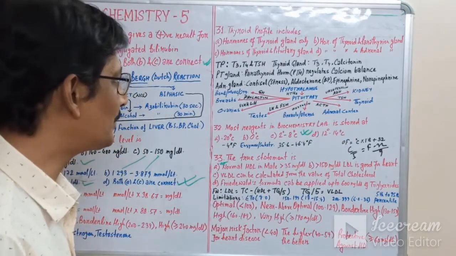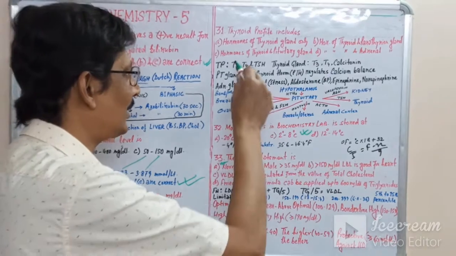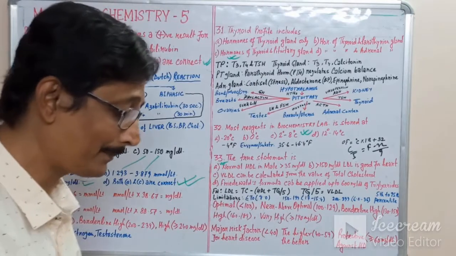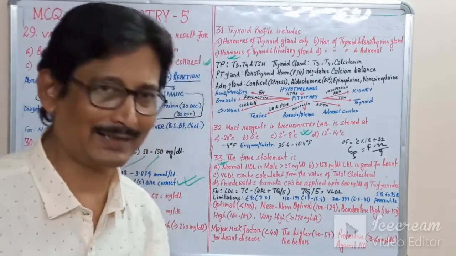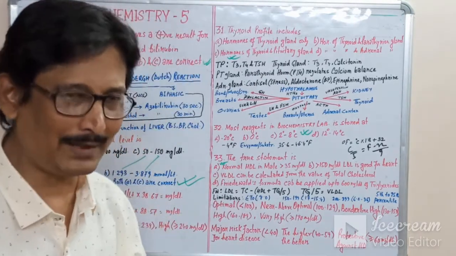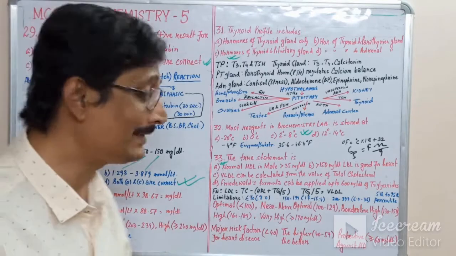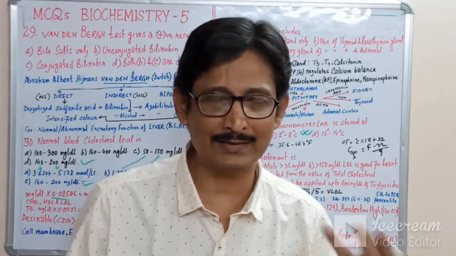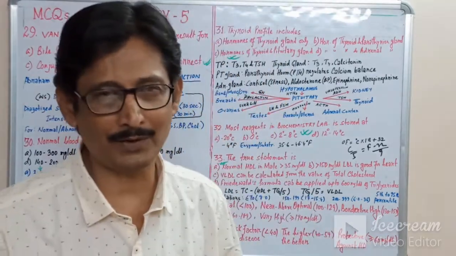So the right option is C, hormones from thyroid and pituitary gland. In case of other glands, this question may be twisted, and in those cases you should include the pituitary gland because it is the master gland of our body.